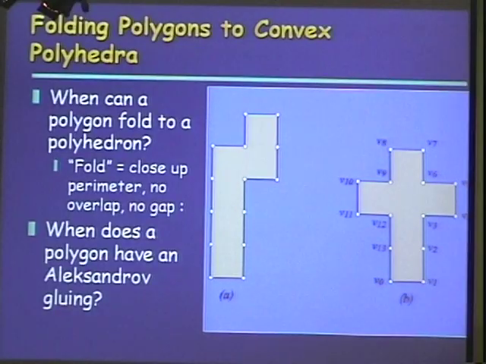So I want to talk about folding polygons to convex polyhedra, and the first question is just a decision question. If I give you a polygon, can you decide whether or not it folds to some convex polyhedron? And this one obviously folds to a cube. This is less clear, perhaps.